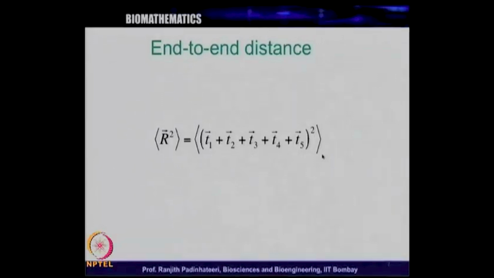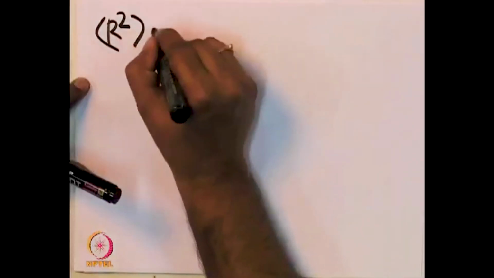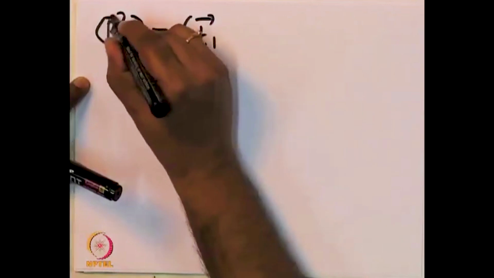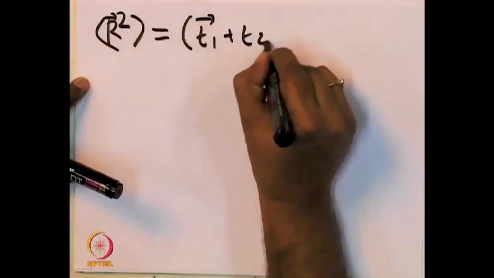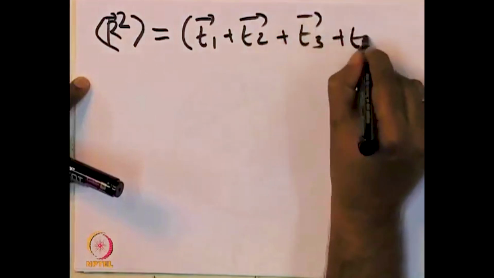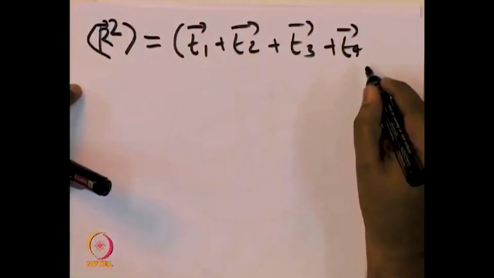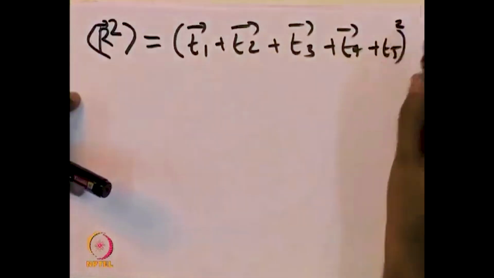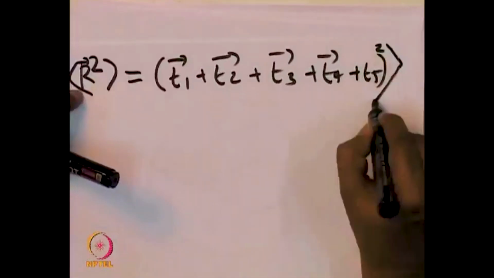So, R square average is defined as T1 vector, this is a vector here, plus T2 vector plus T3 vector plus T4 vector plus T5 vector whole square and then average.